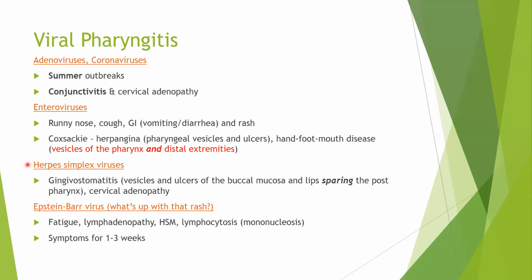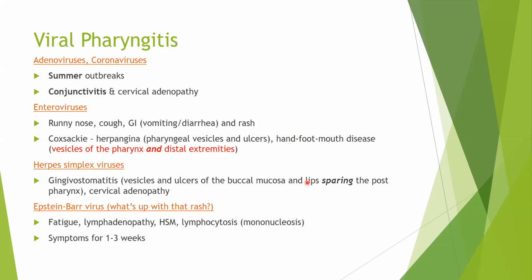Herpes simplex, so sometimes these kids will come in with a sore throat, but they've got all these herpetic lesions just in the mouth, but not on the extremities. They're going to be on the buccal mucosa, so in there, and on the lips, right? Herpes is on the lips.